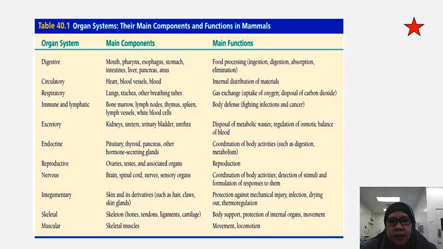You can see some organs are involved, like liver, pancreas, stomach. Those are organs. So there are more than 2 organs performing a specific function in this case. The main function here is to process the food. So this is why it is called an organ system. There are many types of systems involved, so you have to look into this.